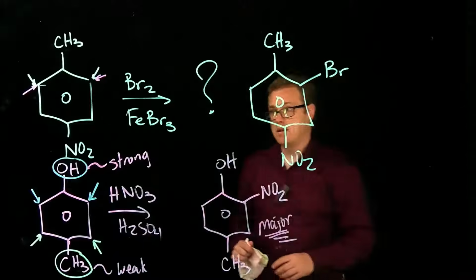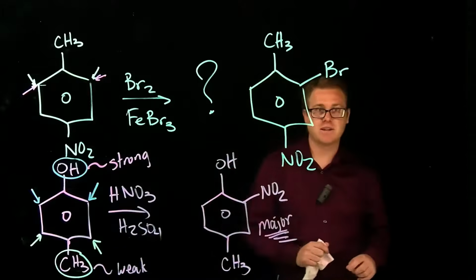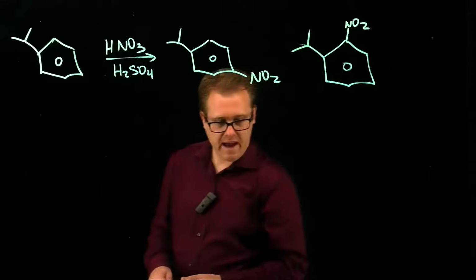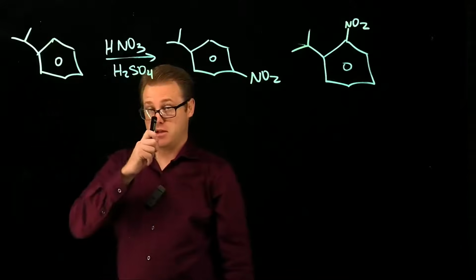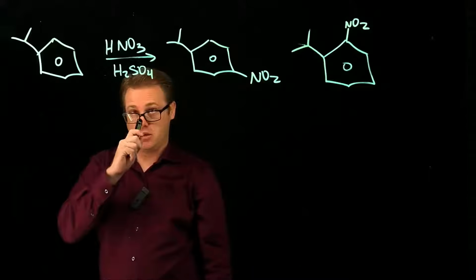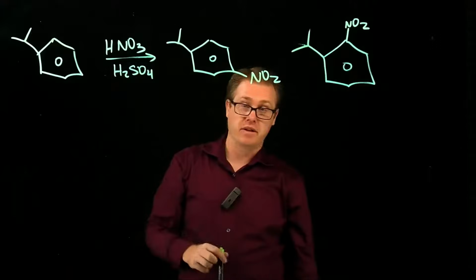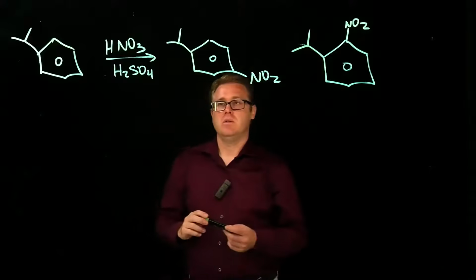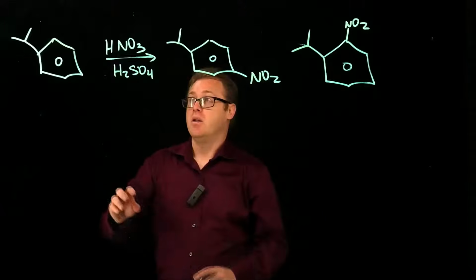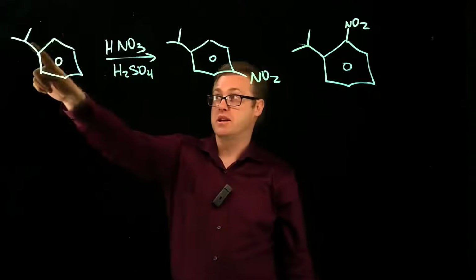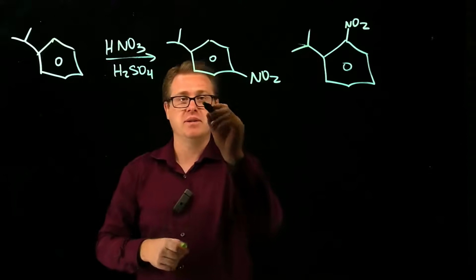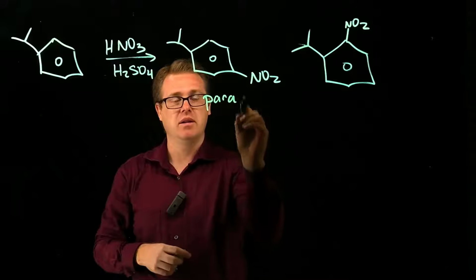So let's clean this board and we'll look at some other examples. Now, when you have a mono-substituted benzene and you want to do an electrophilic aromatic substitution reaction, typically when you have a substituent, the reaction is going to go to the para position, typically.